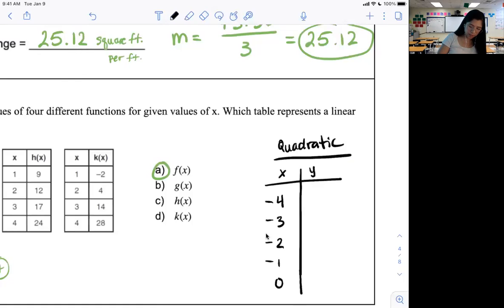It might look like this. Let's notice some features of this table. First of all, this 3 right here, the same thing happens on both sides of it. See that? It's symmetrical. And that's because this would be my vertex.